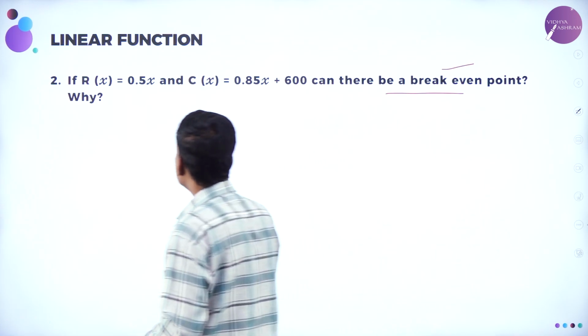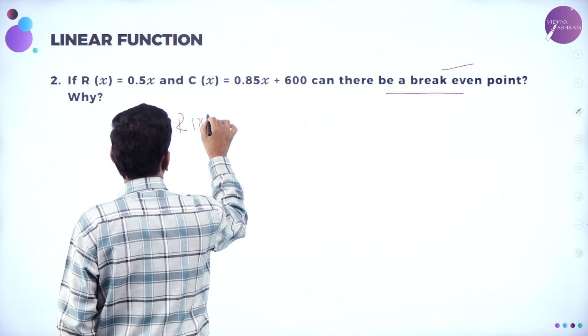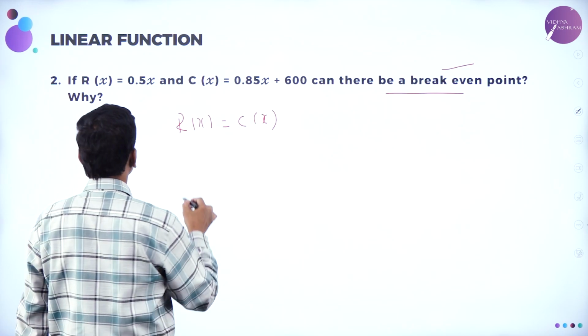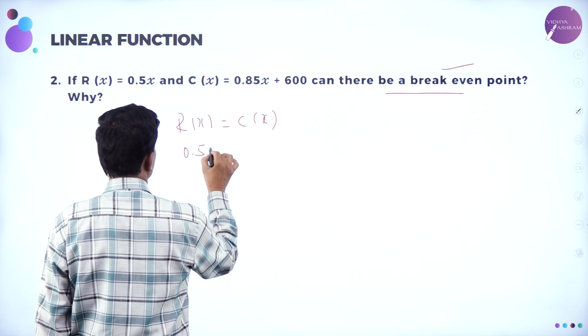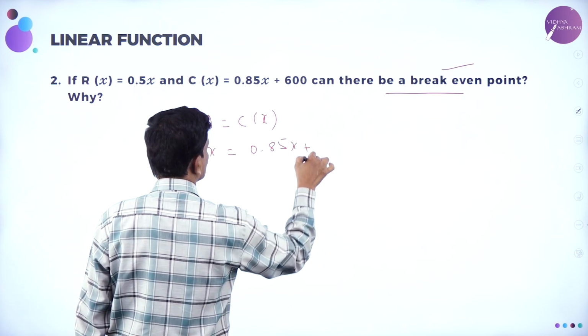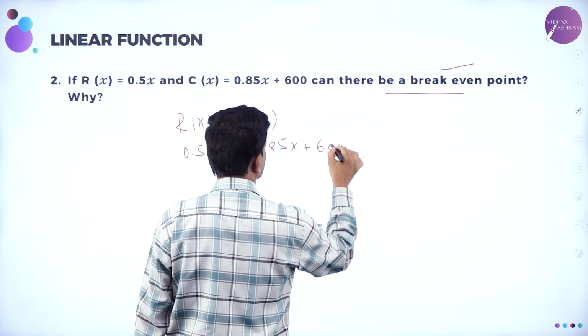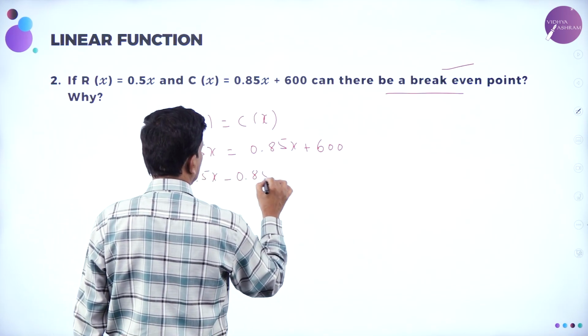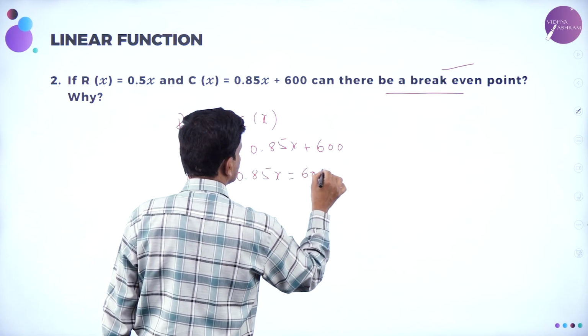Now equate the revenue function and the cost function. R of X is equal to C of X. R of X is 0.5x, equal to 0.85x plus 600. Simplify this. 0.5x minus 0.85x is equal to 600.